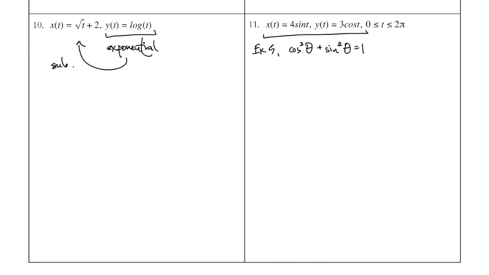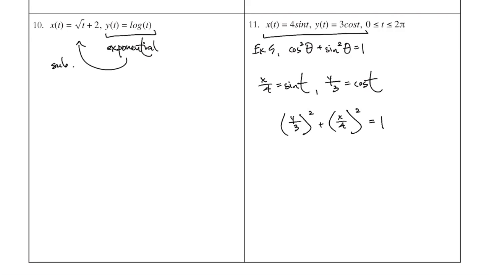So if we do that, we're gonna get x over 4 is sine t. So everywhere we see a sine, we're gonna put x over 4. And y over 3 equals cosine. And when we make those substitutions, we'll get y over 3 squared plus x over 4 squared equals 1.